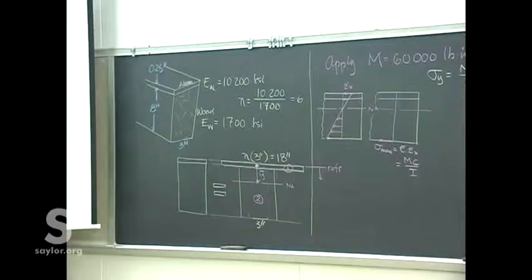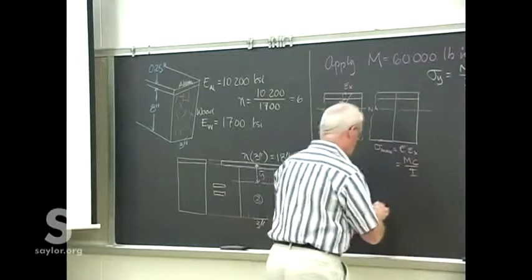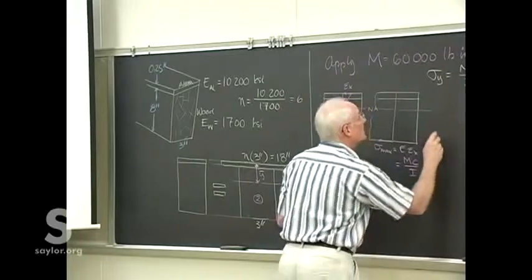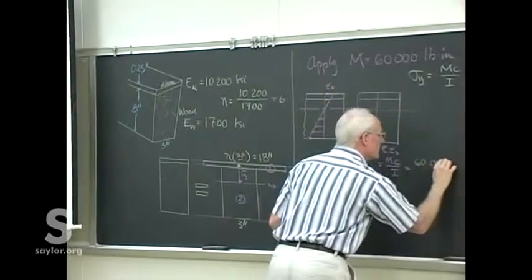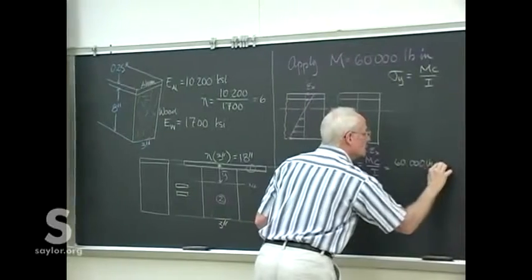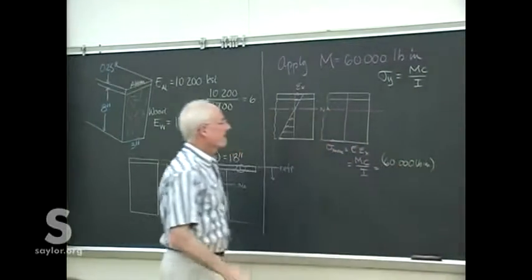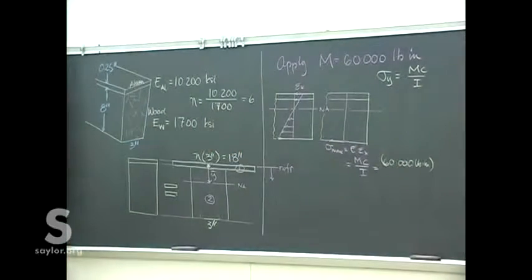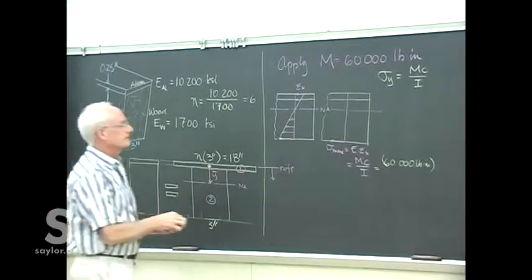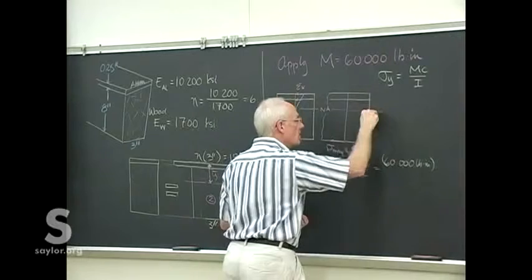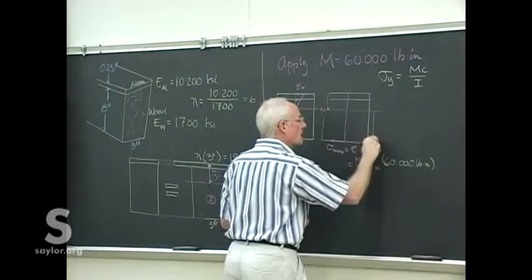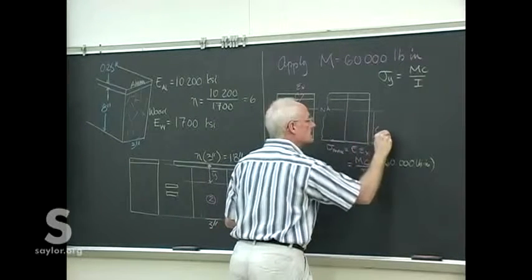With those very same numbers that we've got there, we've got an applied moment of 60,000 pound-inches. C, now remember, for the wood is all the way down to the bottom from the neutral axis.